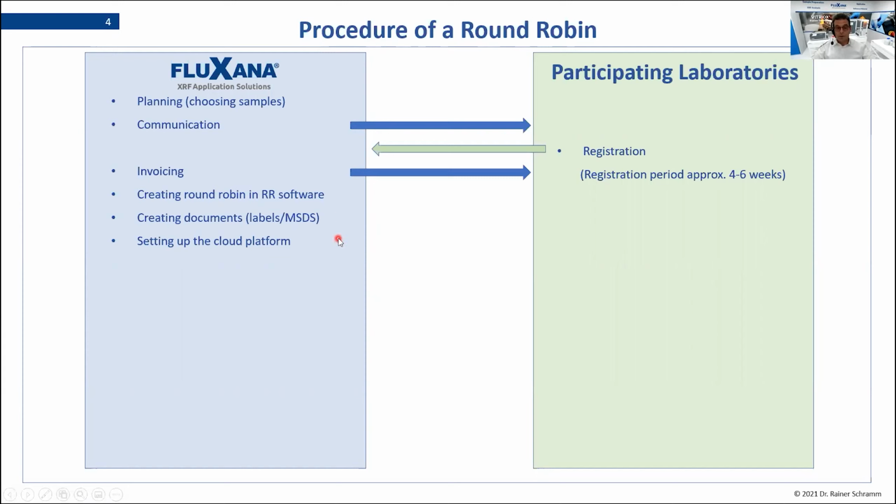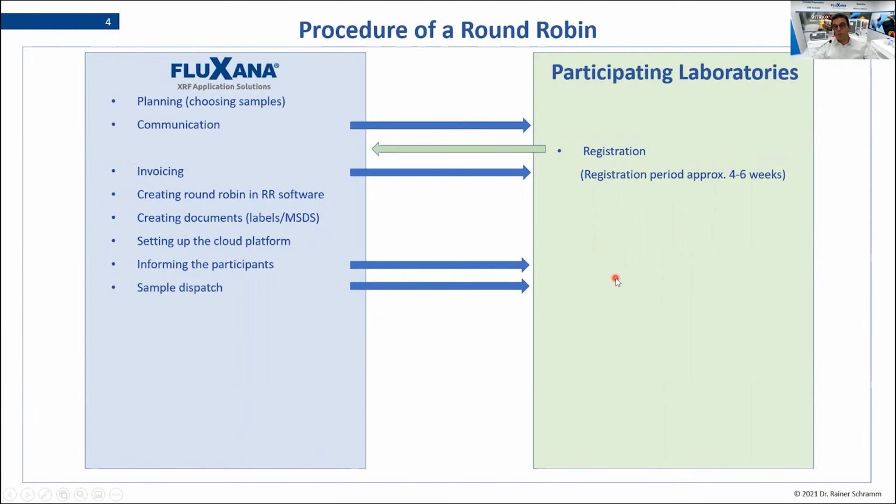We have to set up a cloud platform where you then find all the documents. We have to inform you that the sample is ready for shipment. And of course, you will also get clear instructions on what you have to do in this round robin, where the focus is, what elements, what methods we recommend. This will all be distributed to you.